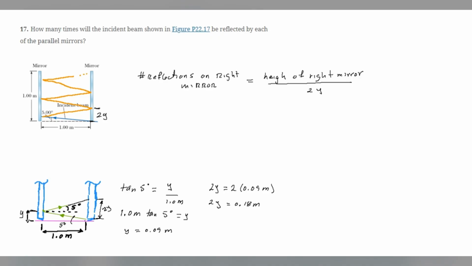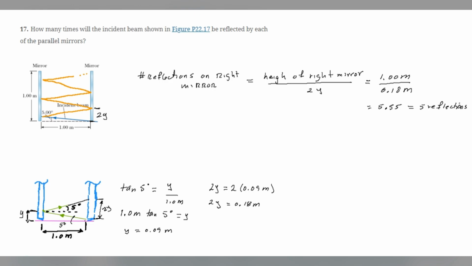Now, what we know is that the total height of the mirror is 1 meter, and 2y is 0.18 meters. So in the right mirror, when you do this quotient, you get 5.55, which is going to be really 5 reflections in the right mirror, because you cannot have 0.55 of a reflection.